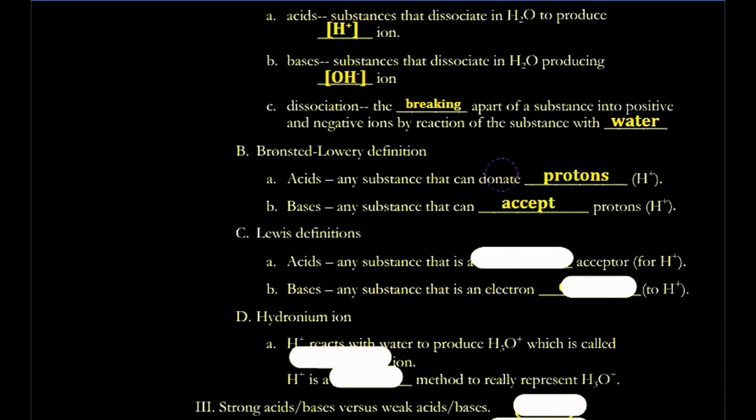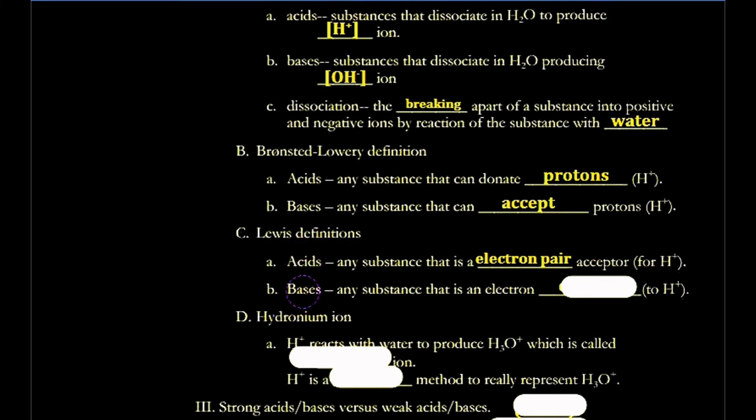Okay, then we have what's called a Lewis acid or base, and it is any substance that is an electron pair acceptor. So if something has a lone pair sitting out there, the hydrogen, or any positively charged thing, can attach itself to that electron pair.